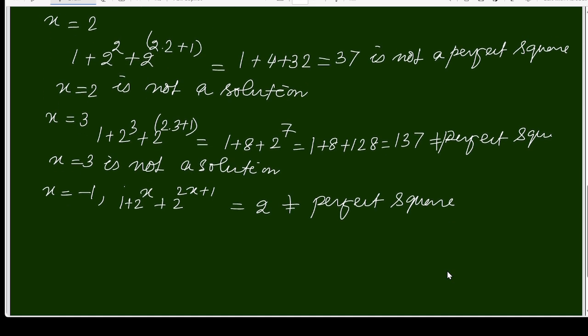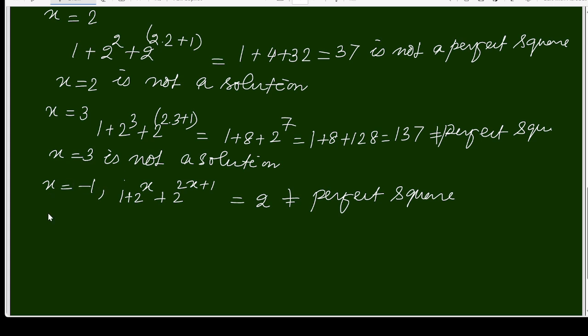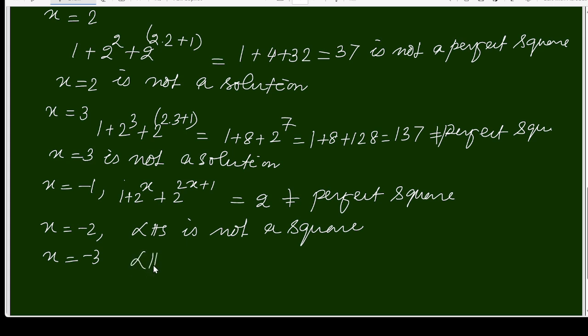So just after 3, I went back to negative. For x equal to minus 2, LHS will not be a square. And for x equal to negative 3, LHS is again not a square.